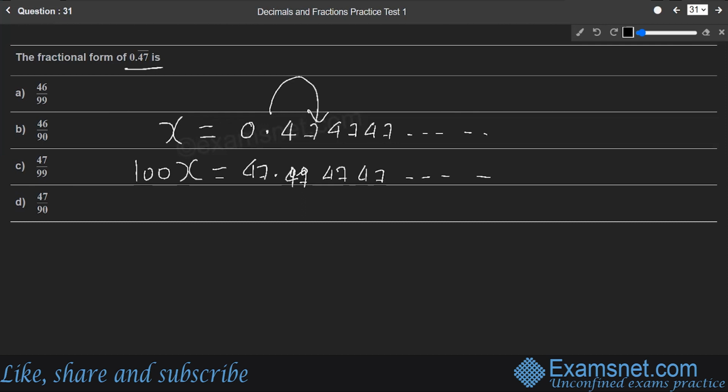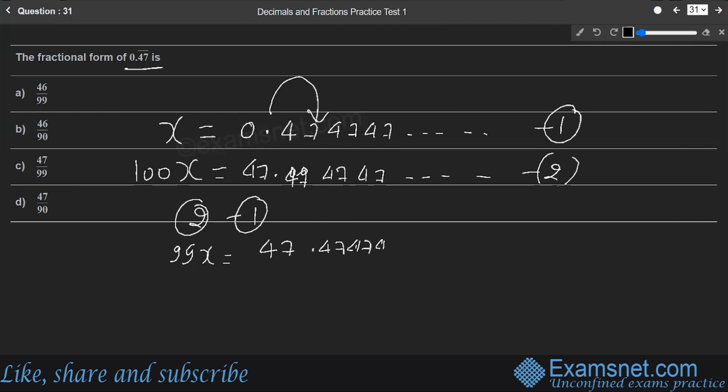Now we have got two equations. Let's say this is the first one, and this is the second one. If we subtract 2 minus 1, then what do we get? 100x minus x is going to be 99x, and on the right hand side 47.474747 has to get subtracted by 0.474747.